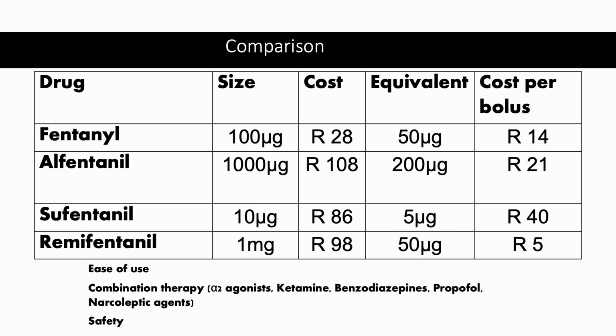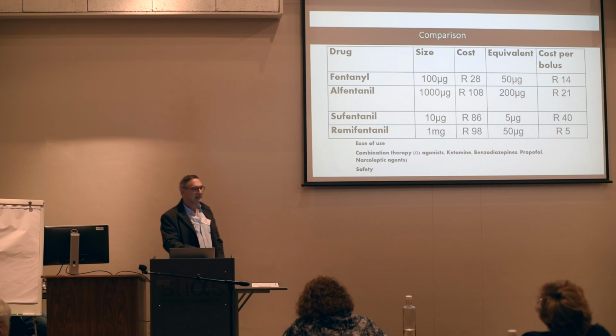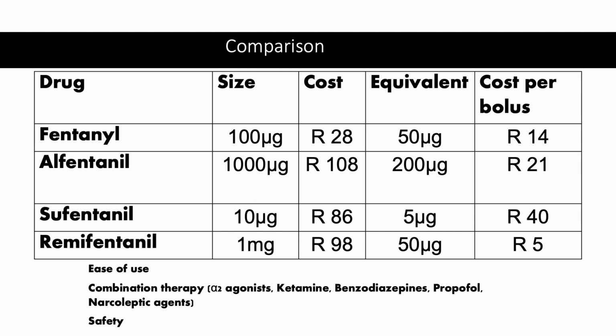Whether you're sharing ampules between patients, if you're treating patients on a fixed cost basis where you have to absorb some of the costs, if you're working in an environment with cost constraints where you might not want to use something that's slightly more expensive like remifentanil, but then again, if you can share it between multiple patients, it becomes cost effective. So I've put this down here as an example, but obviously there are so many things influencing this that this is not the end all and be all.